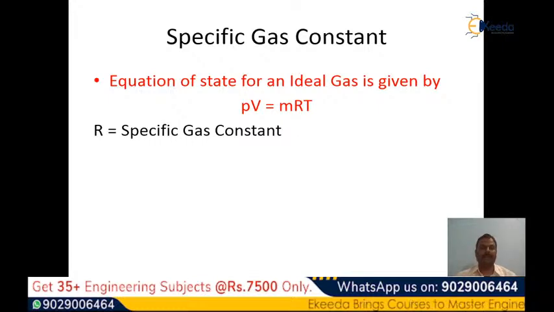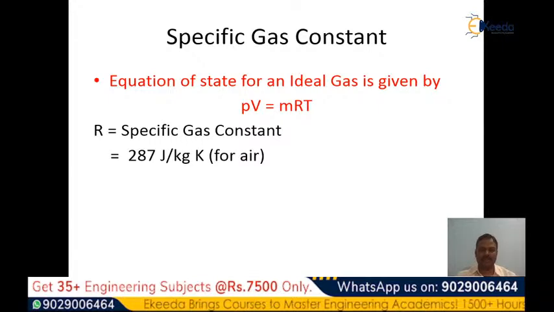This specific gas constant, that is gas constant per unit mass, is 287 joules per kg Kelvin for a gas, measured per unit mass of the gas.